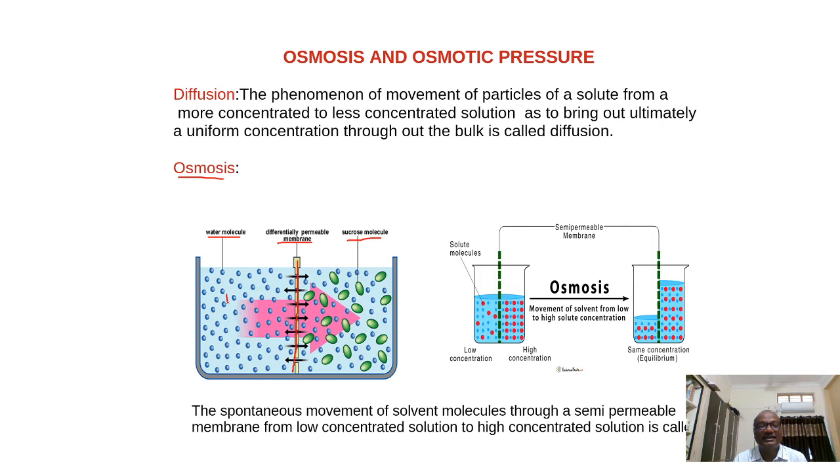In the middle we have the semi-permeable membrane. So the water molecules will move from this solvent compartment to the solution compartment in this direction. The solvent molecules move through the semi-permeable membrane from solvent compartment to solution compartment. So the spontaneous movement of solvent molecules from solvent compartment to solution compartment through a semi-permeable membrane, that we observe here.